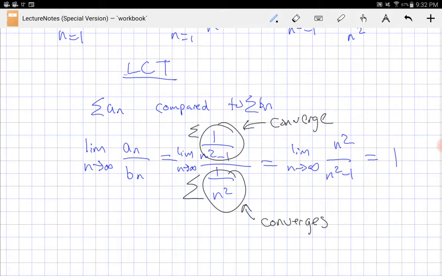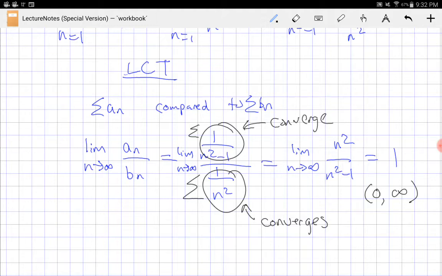And this will work, so we can say that these two will have similar behavior if the ratio of a_n to b_n as n goes to infinity is any number between, and not including, 0 and infinity.